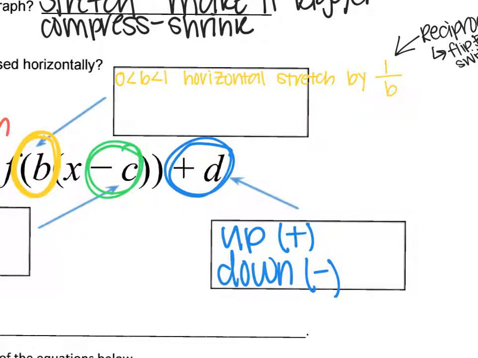Now, if B is greater than 1, it's going to be a horizontal compression. Again, it's opposite. Because we're taking 1 over B, again, you're taking the reciprocal, flip and switch, whatever B is.